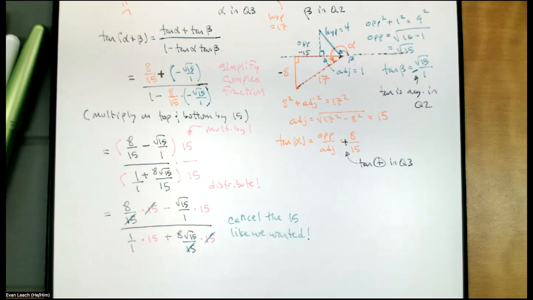This is what we wanted to happen. This is what we identified as the problem: a complex fraction, because we have a denominator inside of our numerator. So let's multiply to get rid of that denominator.